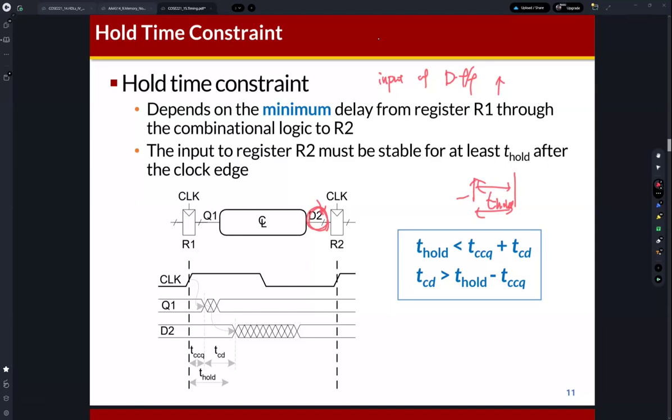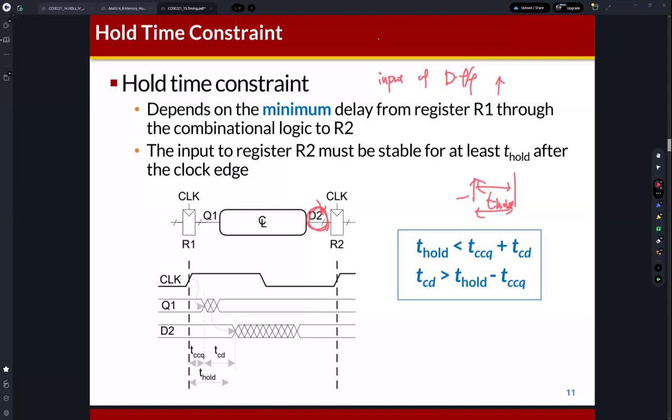You need to keep stable during some time, but it can change afterwards. Does this explain the minimum delay or the maximum delay?